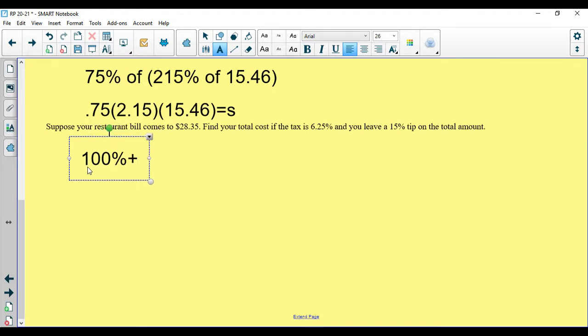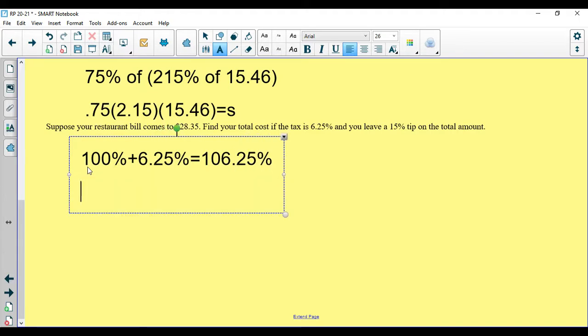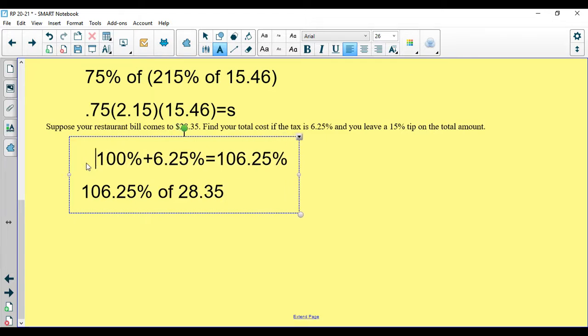So I'm going to add that to my 100% of the cost. And I know I'm paying 106 25/100% of the cost of the meal. So I'm going to go ahead and put that here. Then I'm going to add a tip on the total amount. So this is my new total amount. Whatever that equals would be the amount that's getting the 15% tip.